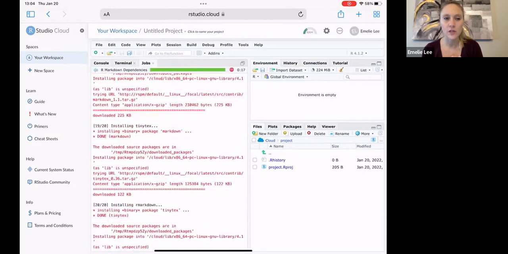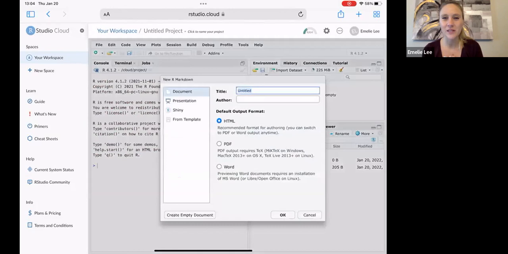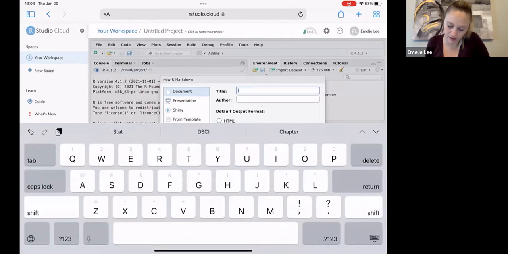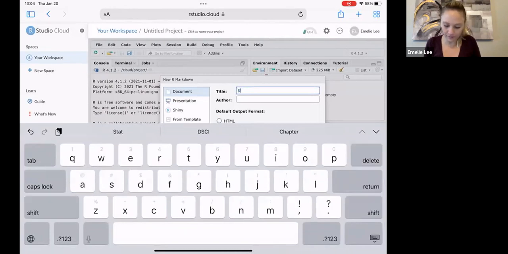What I wanted to show you was probably using the mtcars data set. It's a pretty classic data set that we use. I'll produce it to PDF and I'll call it simple linear regression.